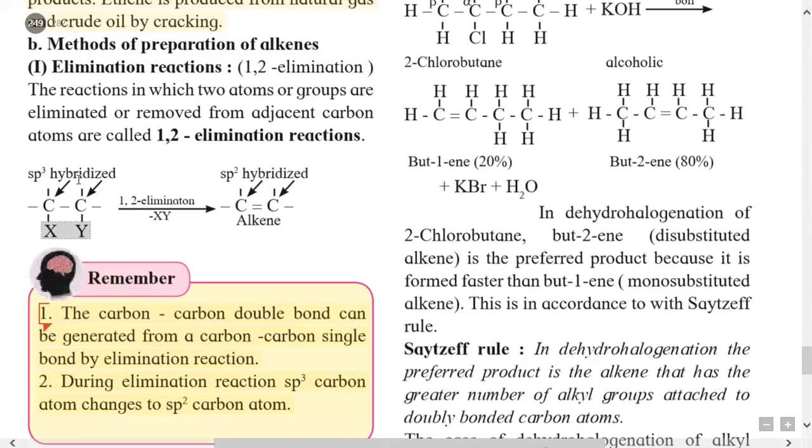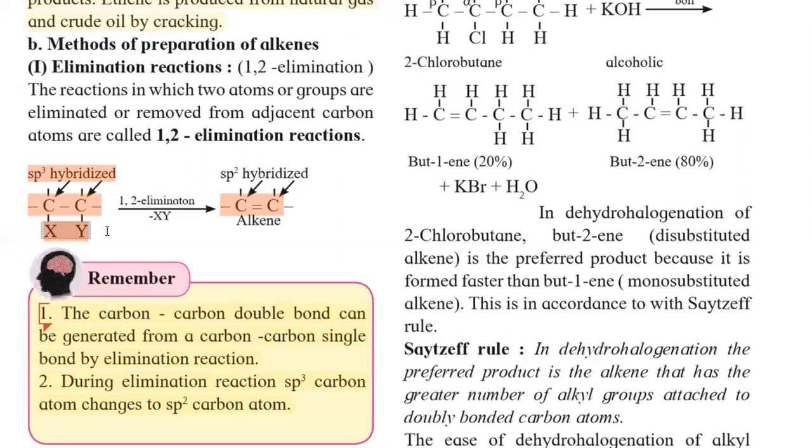If the elimination or removal of X and Y groups from the adjacent carbon atoms takes place, then we get a carbon-carbon double bond containing compound, that is called an alkene. In alkene, these doubly bonded carbon atoms are sp2 hybridized.